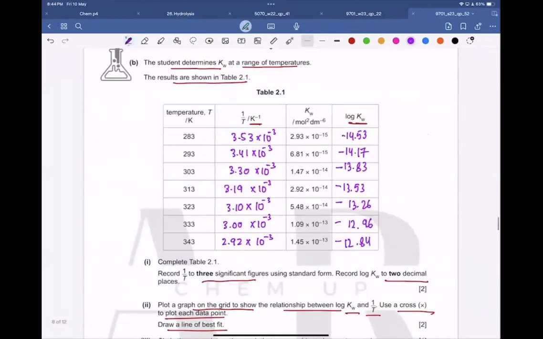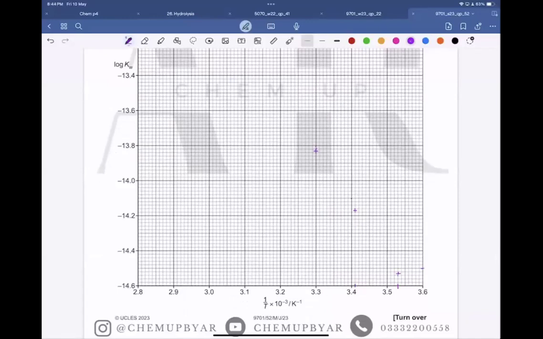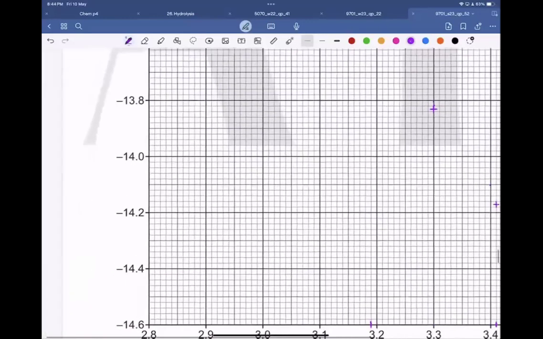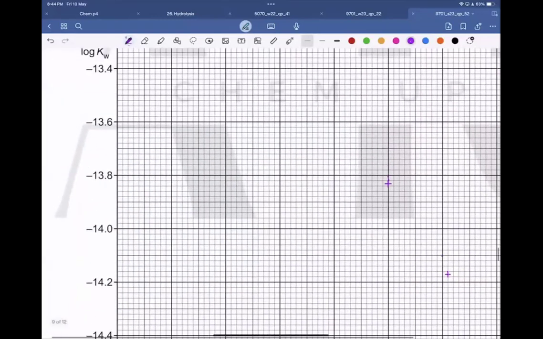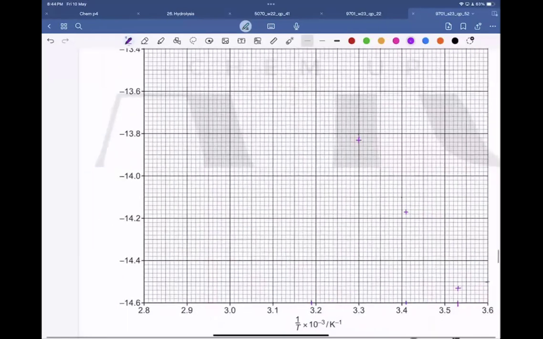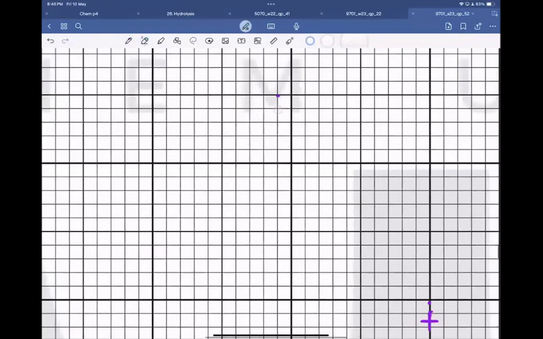Then 3.19 and 13.53. So 3.19 and 13.53. So 13.53 is in the middle over here.